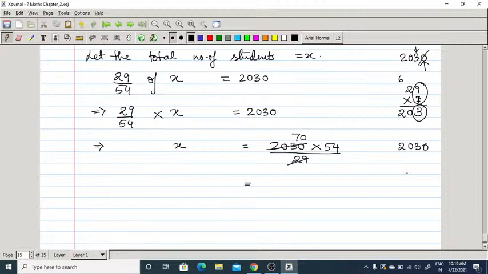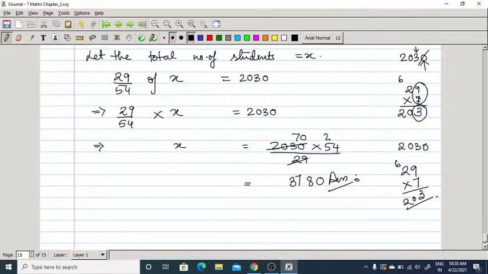We know that 29 into 7 is 63. So the 7 will yield a 3 here and the rest is coming automatically. Now 7 fours are 28, 35 and 2, 37. So the answer to how many students are there in the class? 37. In the school, 3720.